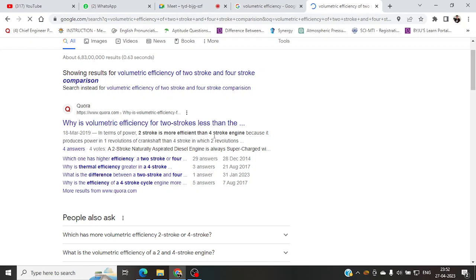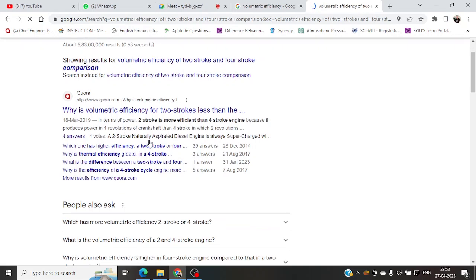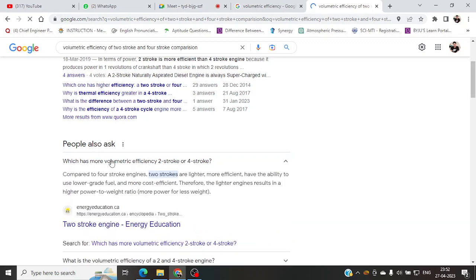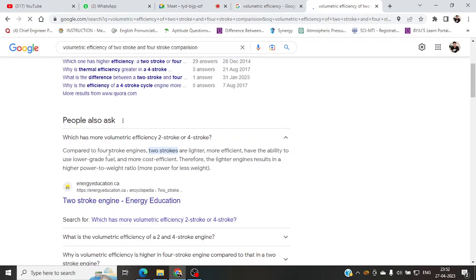Two stroke is more efficient than four stroke because it produces more power in one revolution, which has more volumetric efficiency compared to four stroke engine. Two strokes are lighter, more efficient, have the ability to use lower grade fuel and are more cost efficient.